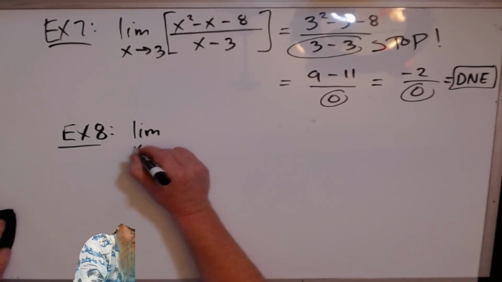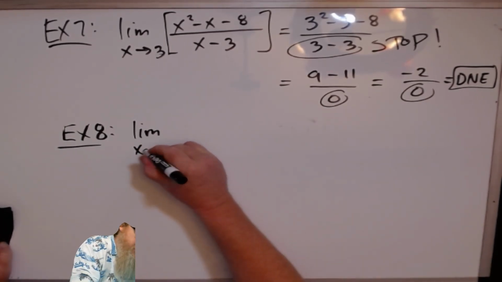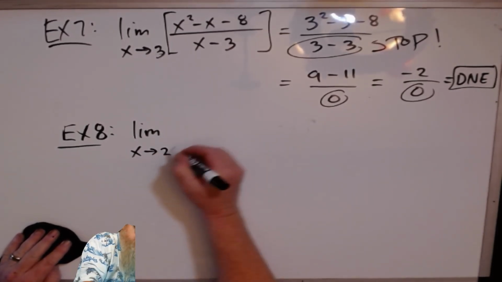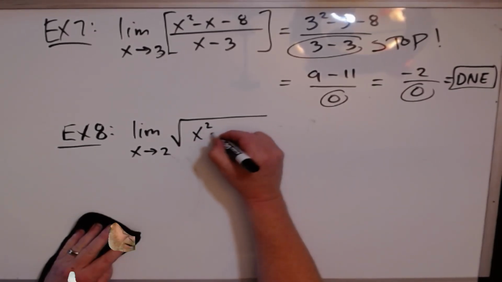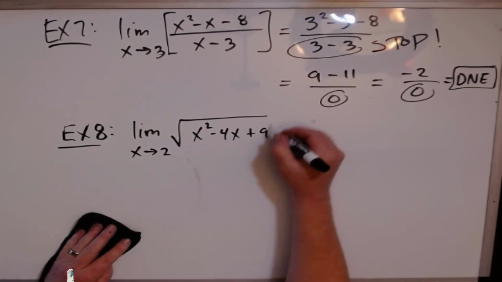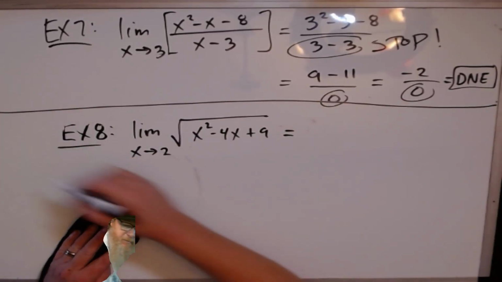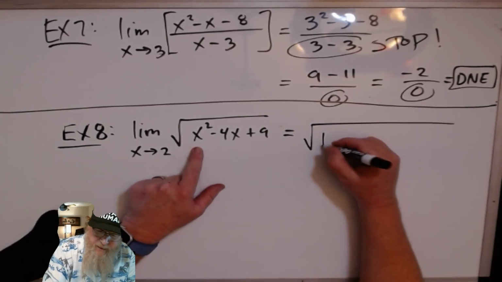The limit as x approaches 2 of the square root of x squared minus 4x plus 9. So again, this will be the square root of the limit.